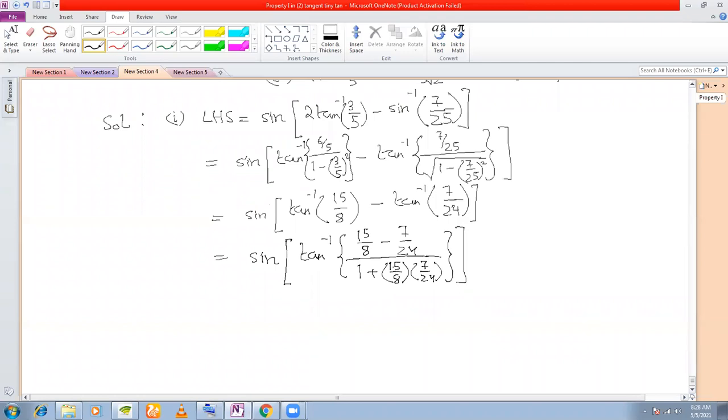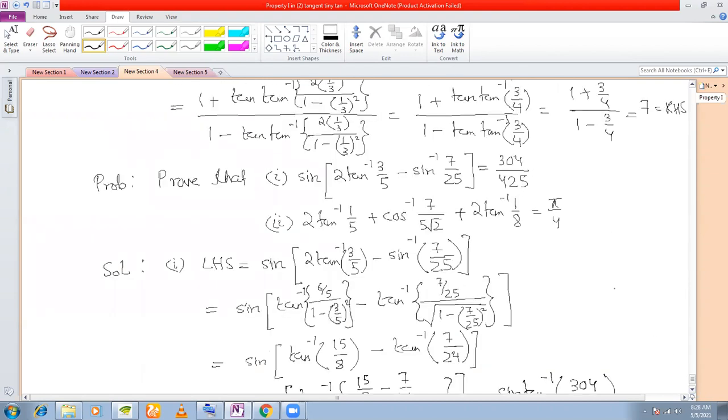Now we would like to simplify this, and once you simplify this, what you are going to get here is sine. The simplification will be a little laborious because you get a little big numbers here. You get sine of tan inverse 304 by 297. But on the right hand side, what do you have to prove?